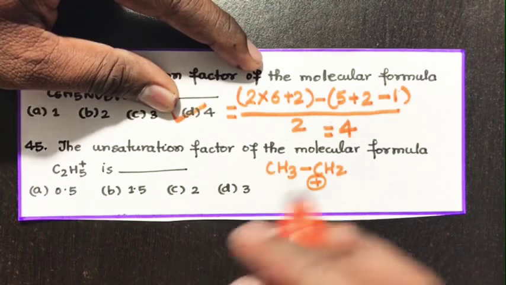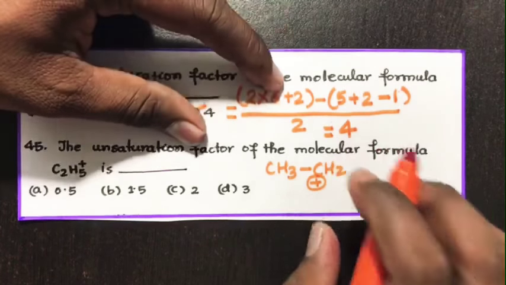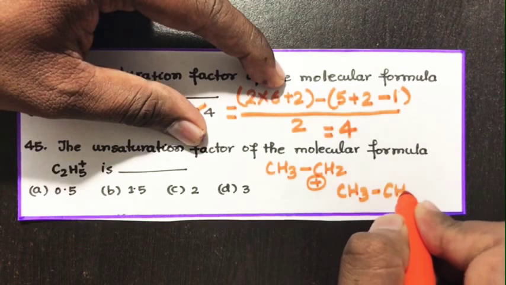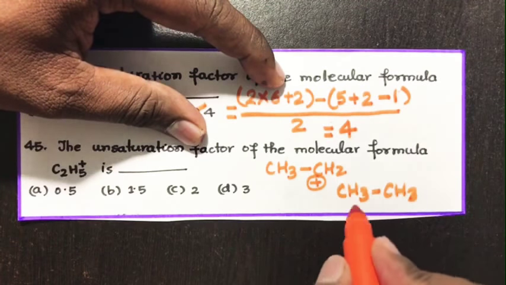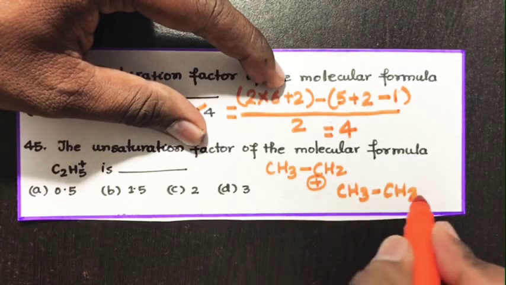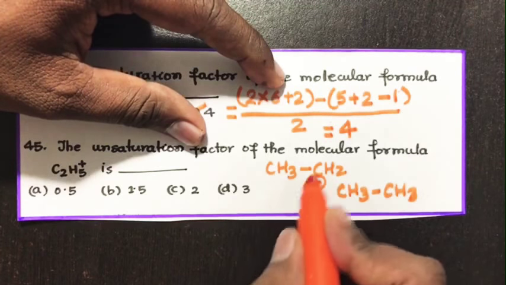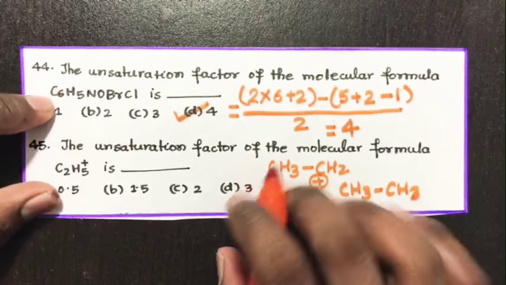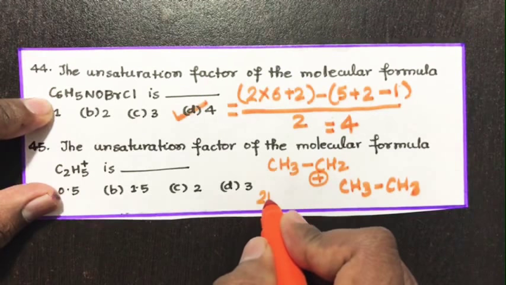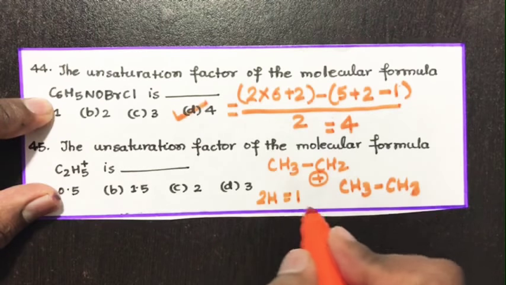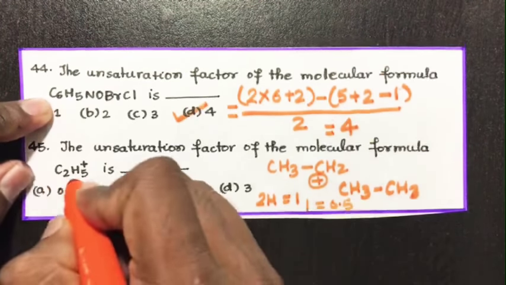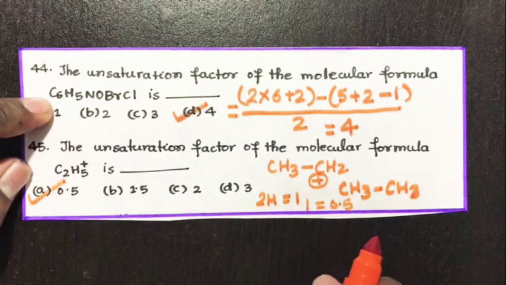You can also find it without using the formula, because here we can say that the fully saturated form, an acyclic saturated form, has carbon 2 and hydrogen 6, and here the carbon is 2 and hydrogen is 5. So there is a deficiency of 1 hydrogen, and we know that 2 hydrogen deficiency means 1 DU, so 1 hydrogen deficiency means 0.5 DU. So the correct answer will be this one.